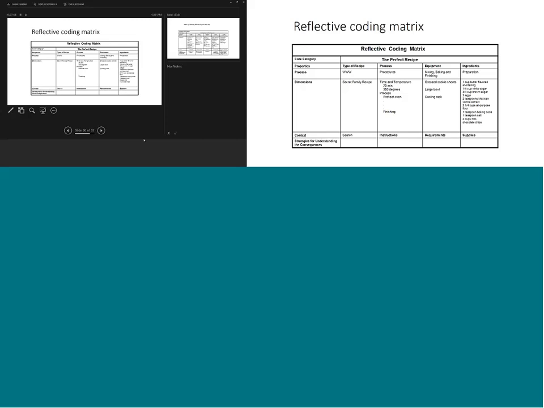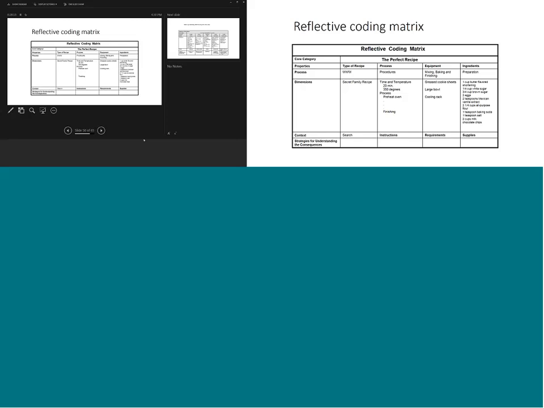And I got these properties by collapsing my open codes into smaller pieces. The process for understanding this was World Wide Web. The procedures: mixing, baking, and finishing, ingredients, preparation, and then the dimensions from this first one, a type of recipe, the secret family recipe.